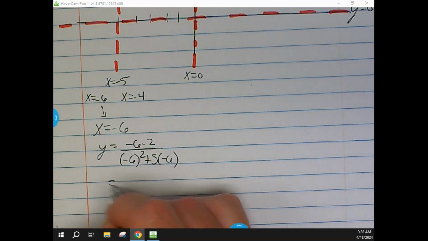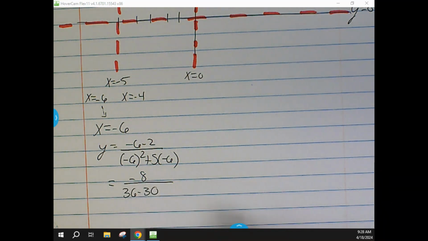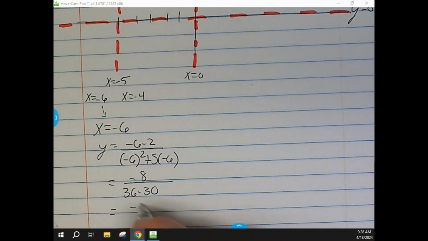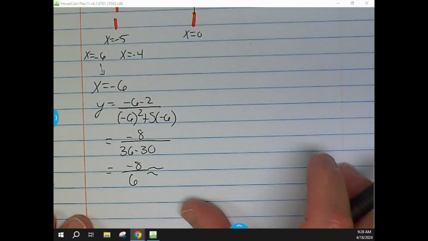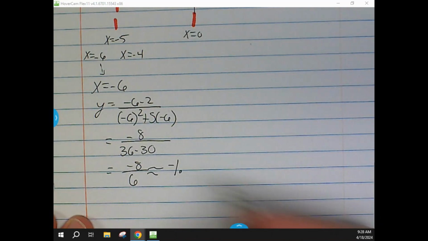All right, so that gives us -8 over 36 minus 30, which is -8 over 6, which is about -1.3.